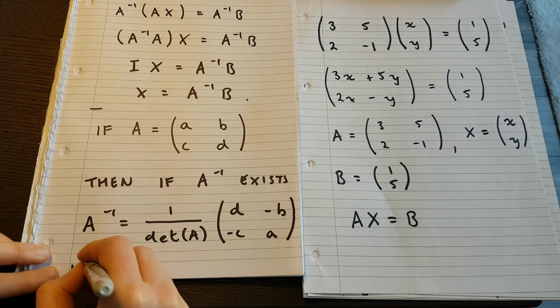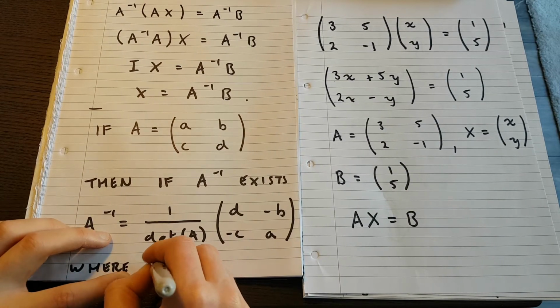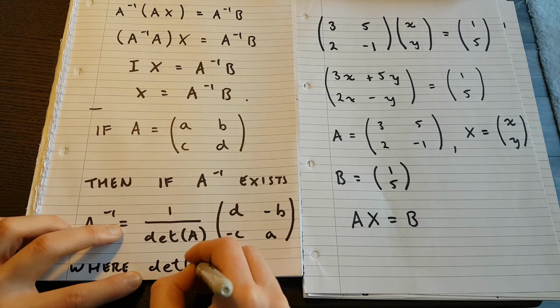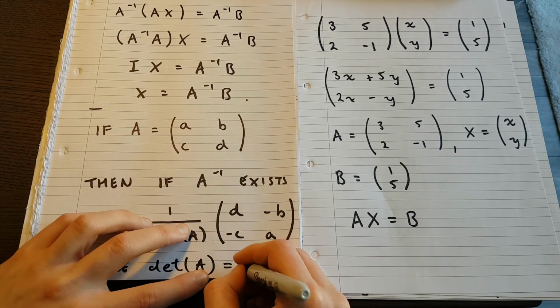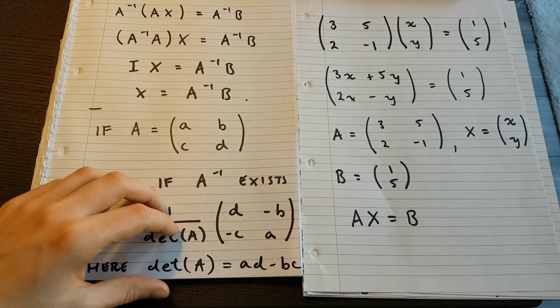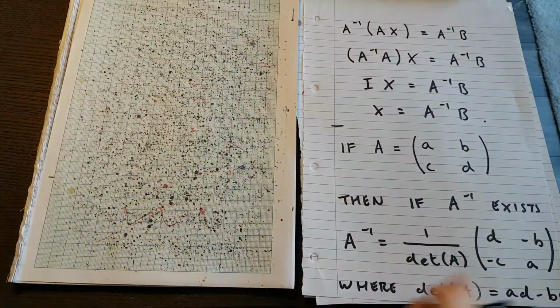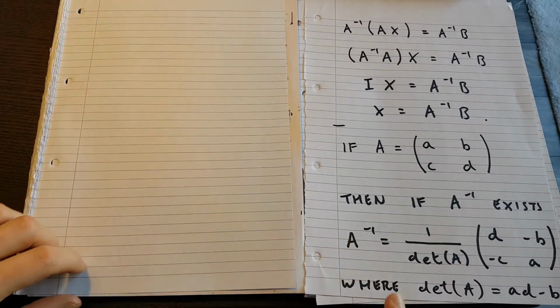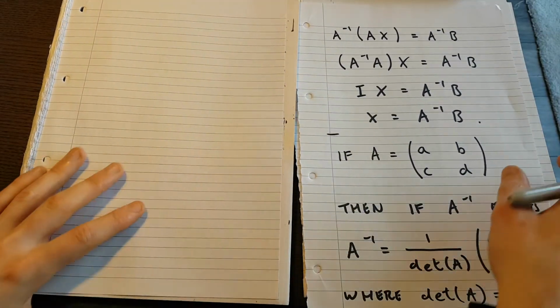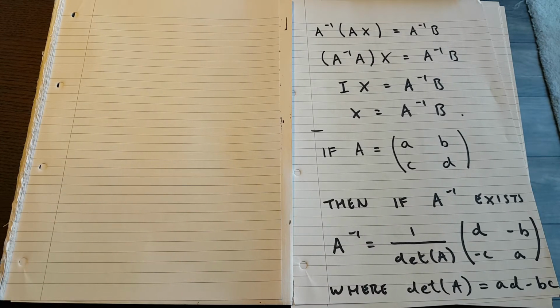where the determinant is A times D minus B times C. So, pretty simple for me now to actually go and work out the inverse of this matrix, provided it exists.